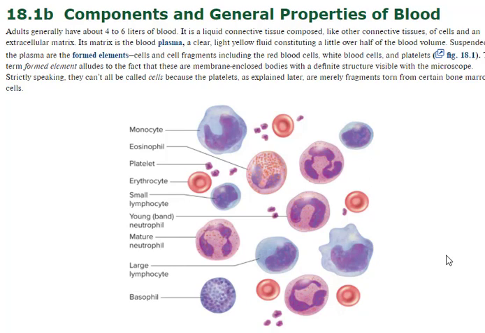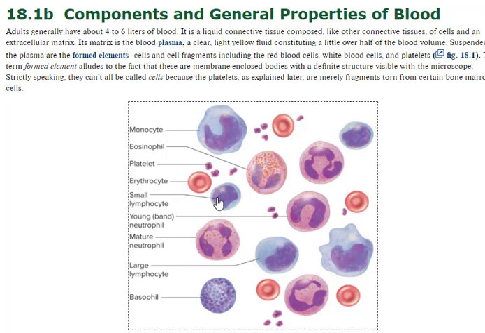You have 3 types of granulocytes. So the lymphocytes and the monocytes don't look like they have granules in them. But these definitely look like they have granules in them. So the basophil, those little bags are mostly full of histamine.